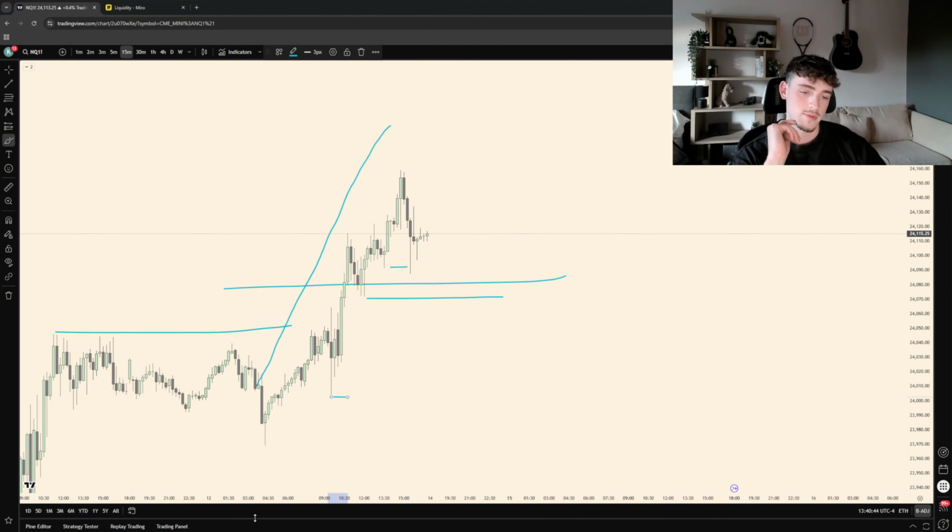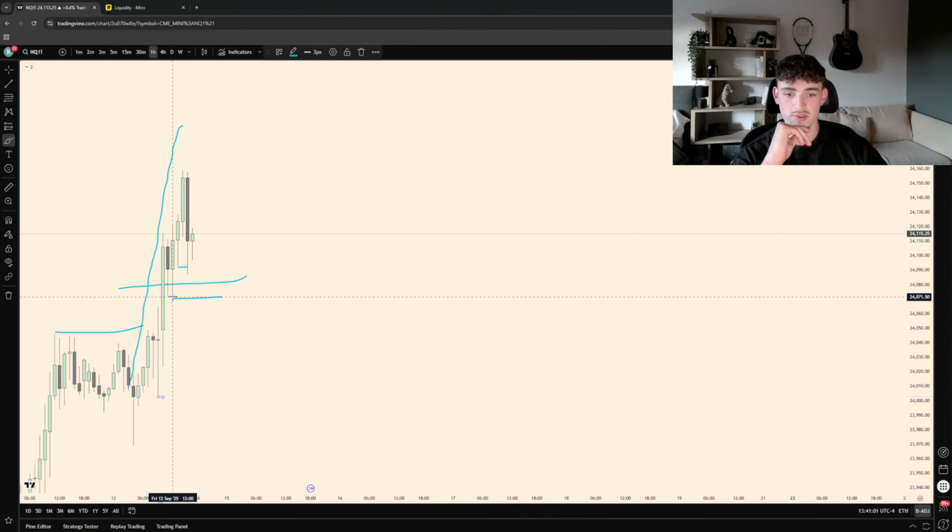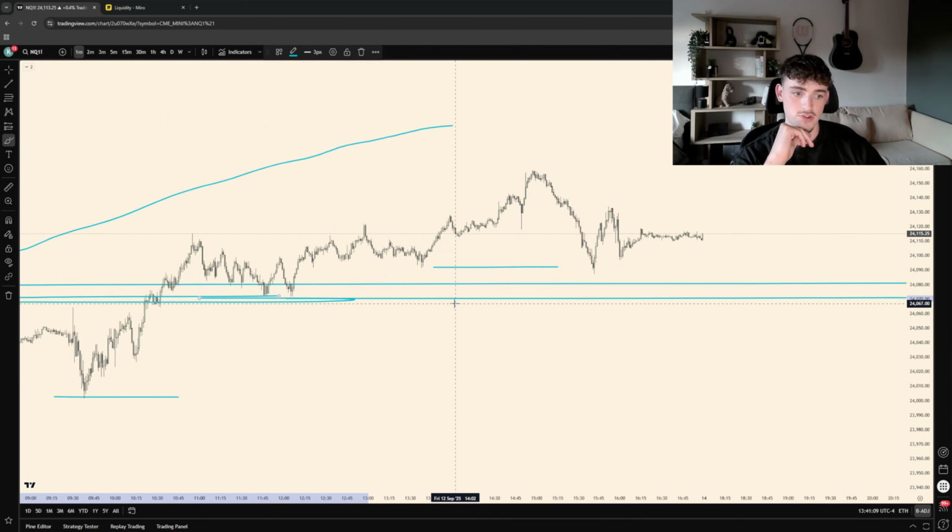So after the market's taken external, you then look to go to internal, which we've hit here. Internal lows and highs as well obviously can be used as internal and external liquidity. So yeah, but if we go to the 1 hour, price could come down. I think we did actually tap into this fair value gap here, and that would be your internal as well as your individual price swings.